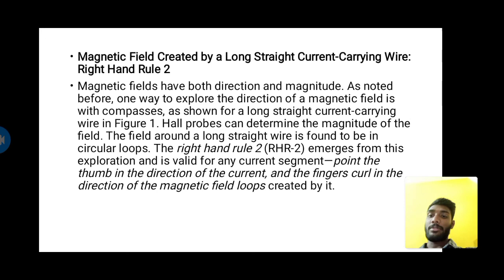The field around a long straight wire is found to be in circular loops. The right hand rule 2, RHR2, emerged from this exploration and is valid for any current segment. Point the thumb in the direction of current and the fingers curl in the direction of the magnetic field loops created by it.